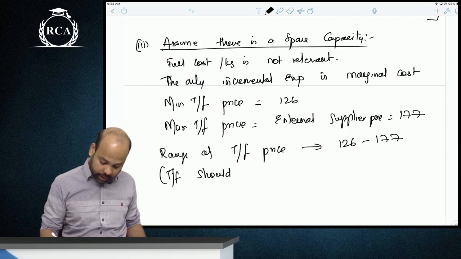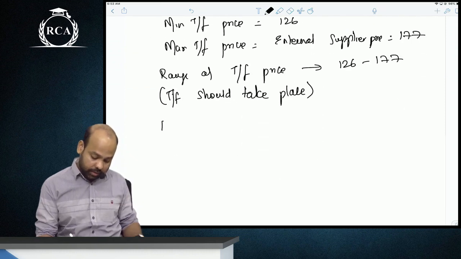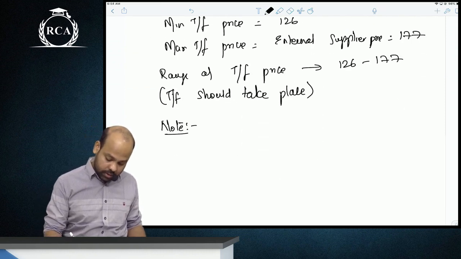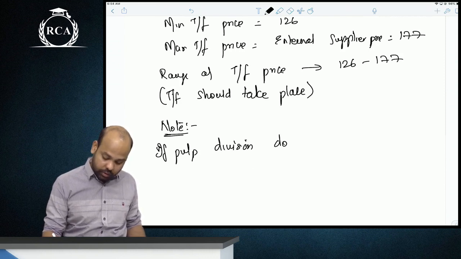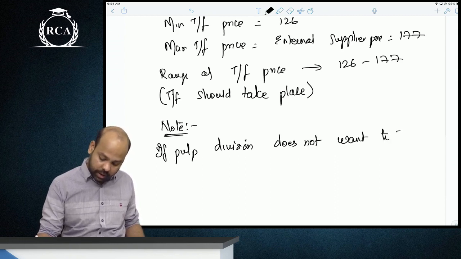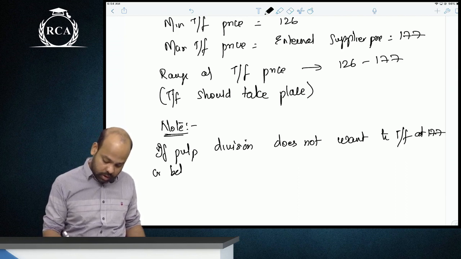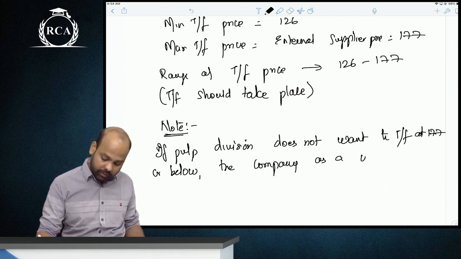What will happen if the pulp division does not meet the requirement? Note, if the pulp division does not want to transfer at 177 or below, the company as a whole will lose.